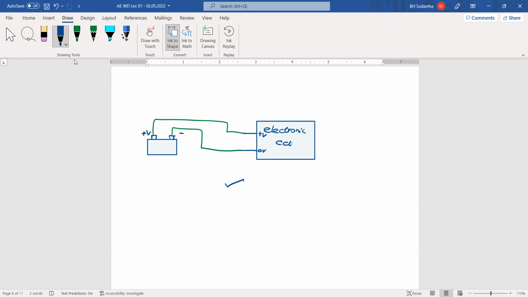But because of some kind of mistake, you are interchanging this polarity. You will apply this positive terminal to this 0 volts terminal and this minus terminal to the positive volt terminal. Then you are reversing the voltage, and your electronic circuit will be damaged.